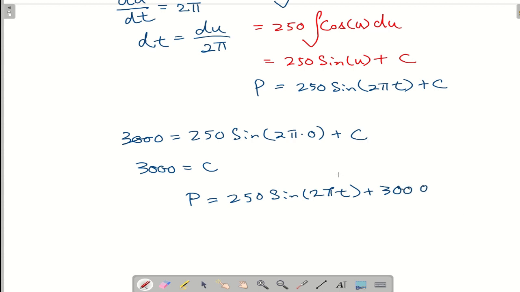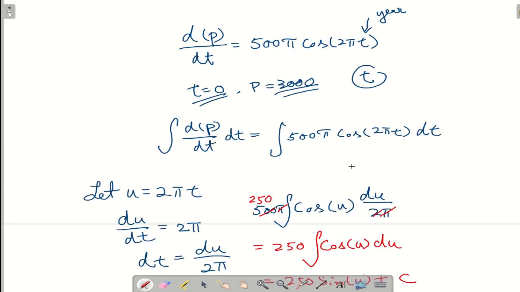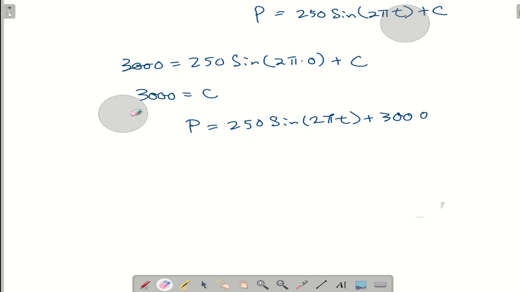So what is the maximum or minimum of this function? Now we calculate the maximum and the minimum population. The population equation is equal to this. This 3000 never changes. And for this one, sine 2 pi t, the maximum value is 1.